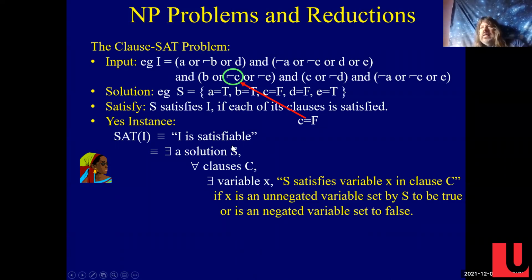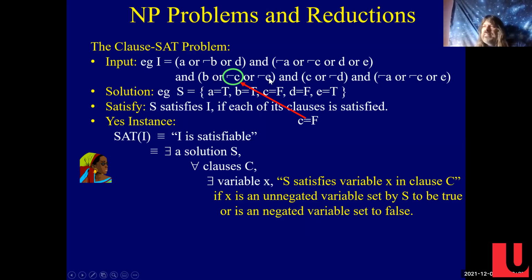If I came up with a solution, right, I wanted to do a proof, then my adversary names a clause, right? The adversary names this clause. And then I have to prove that this clause is satisfied. How do I prove that this is satisfied?